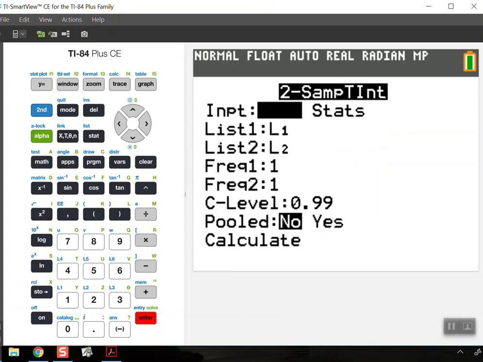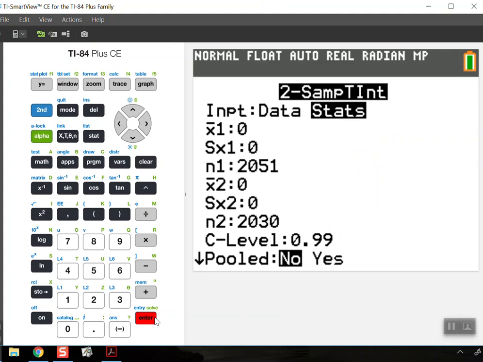If we have the data in L1 and L2, we can choose that, or we can go to Stats and type in the information that's in the chart. X bar 1 is the mean, standard deviation 1, n1, x bar 2, standard deviation 2, n2.